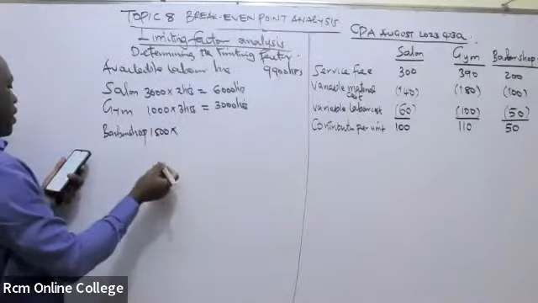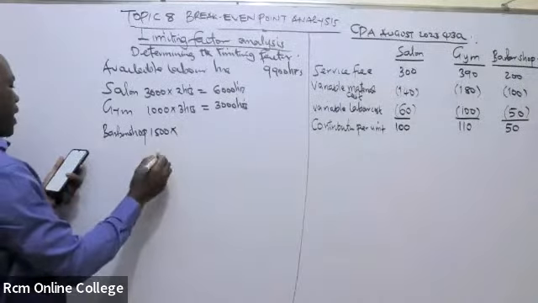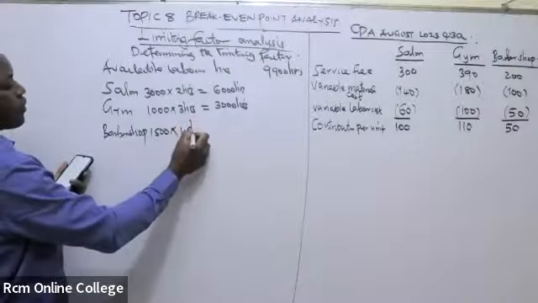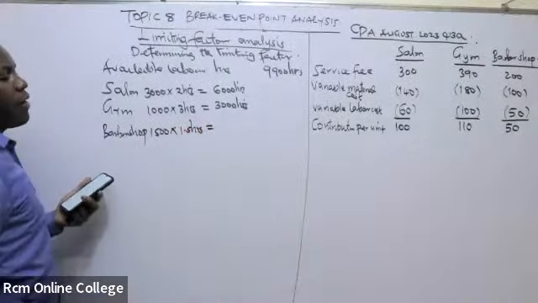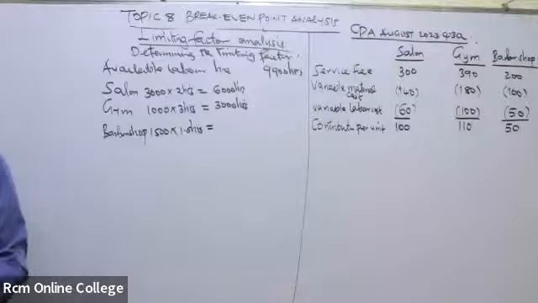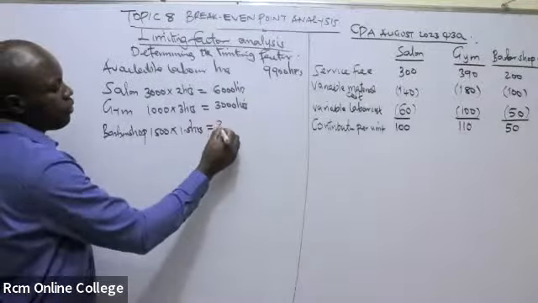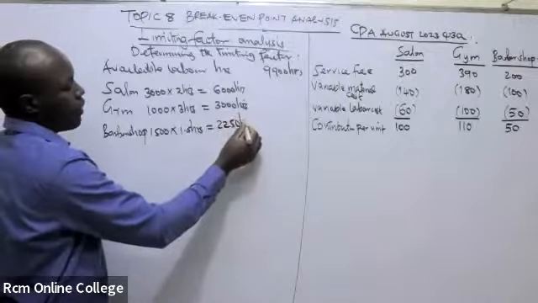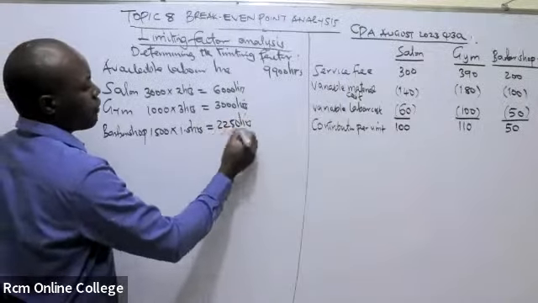And the hours taken per client is 1.5 hours. How many labor hours do we need to serve all the clients in the barber shop? 2250 hours. Good.